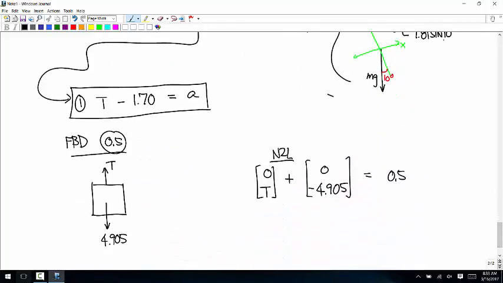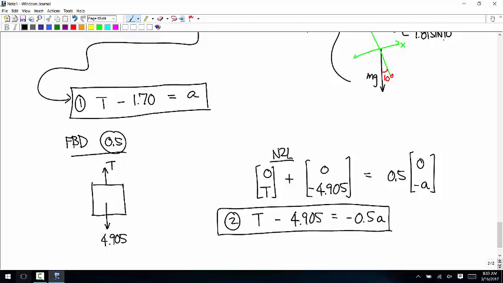And so this has to be 0, negative A. Now we get our second useful equation that says T minus 4.905 is equal to negative 0.5 A.